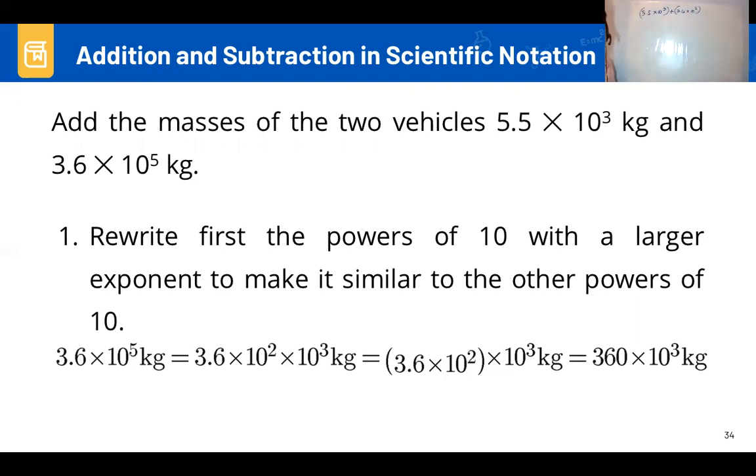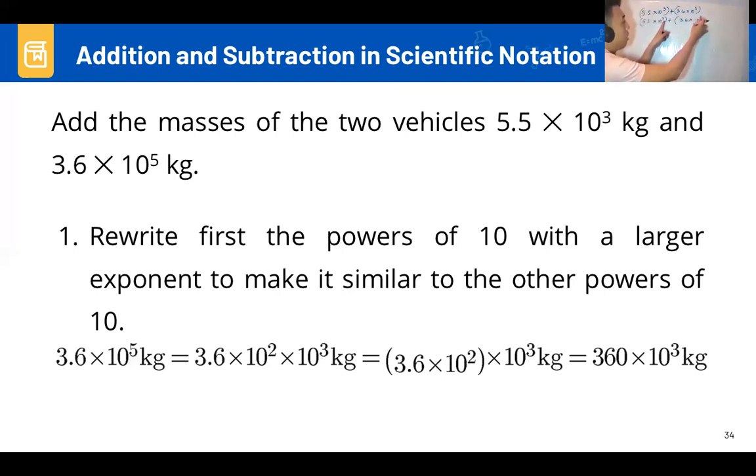Not the same. So what will we do? Okay, hahatiin natin yung nandito. So dapat meron tayong isang 10 to the 3. So gagawin natin, I will just copy this. 10 to the 3 plus 3.6 times, so magiging dalawa yung times natin. Times 10 raised to 3 para makopya yan.